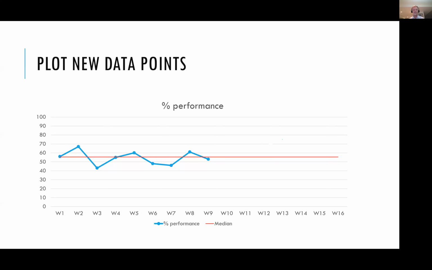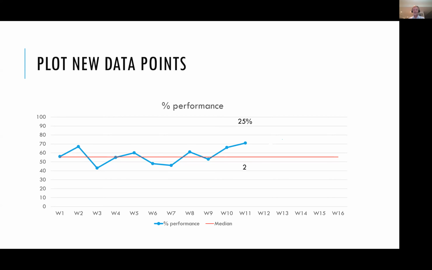So the probability of the next point being above the median or below the median is 50-50. If we have one data point above the median, there was a 50% chance of that happening. The probability of getting two data points on the same side of the median, so a run of 2 points, is 25%, 50% times 50%.